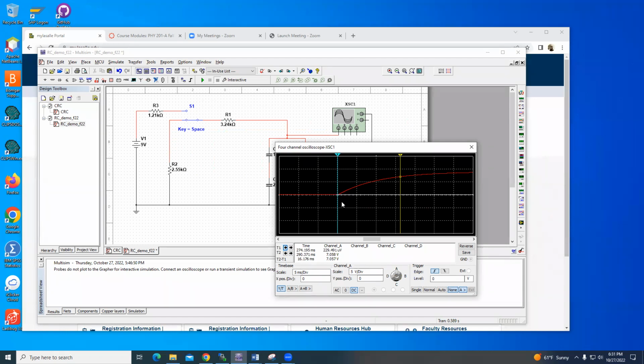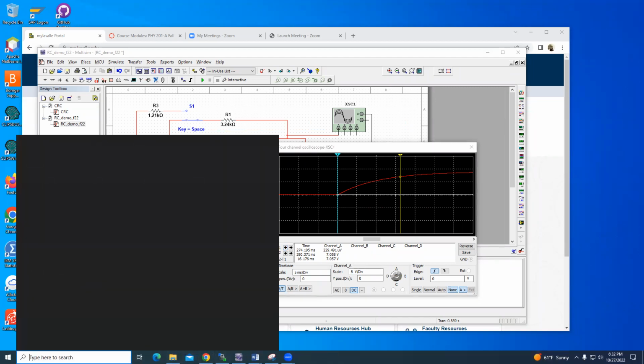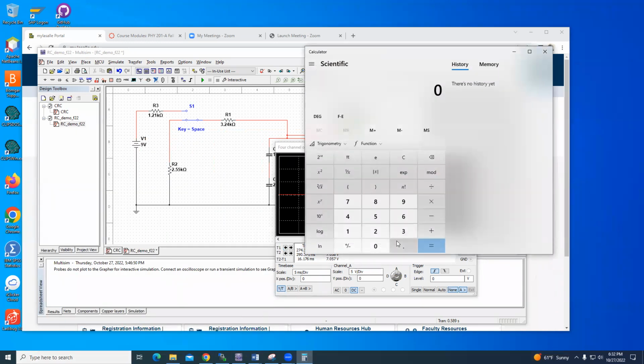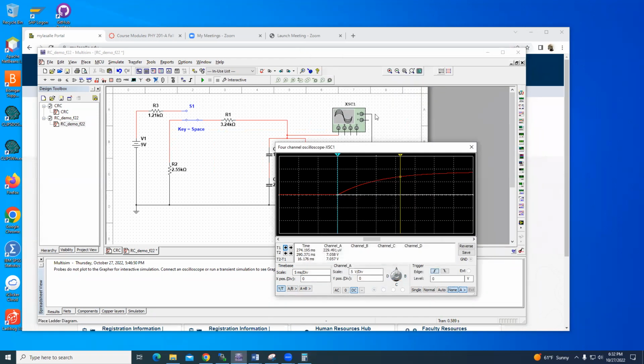And then I go up to 63% of my saturation voltage. And my saturation voltage in this case should be 9. It's a 9-volt battery. And so it is 0.63 times 9. I'm looking for it to be 5.67.